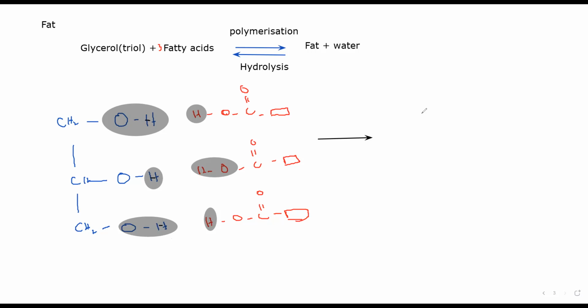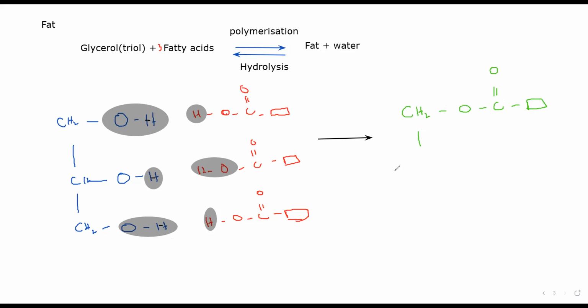So what will be the result? It will be a structure of the fat molecule. Like if I write this is CH2, so if this is CH2, H and OH are removed, then it will be O, C double bonded with O, and this box means carbon chain.